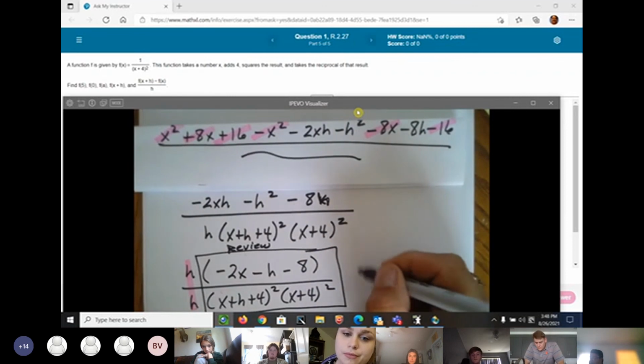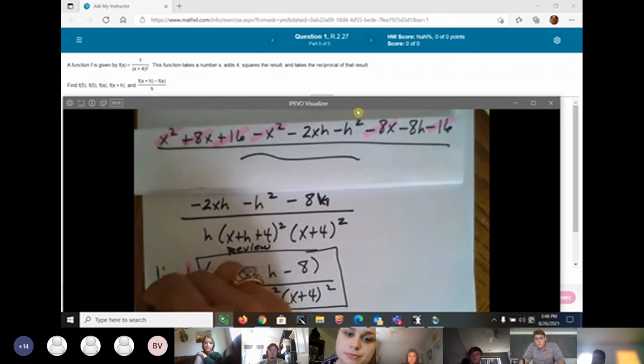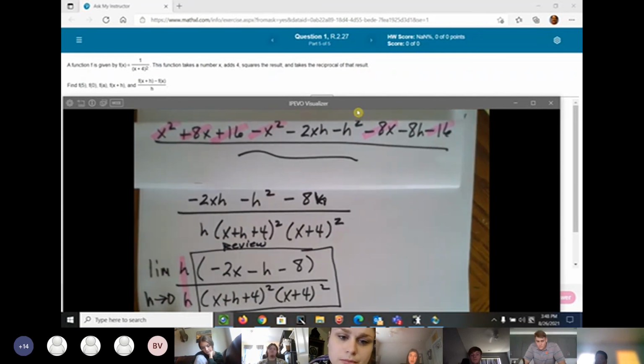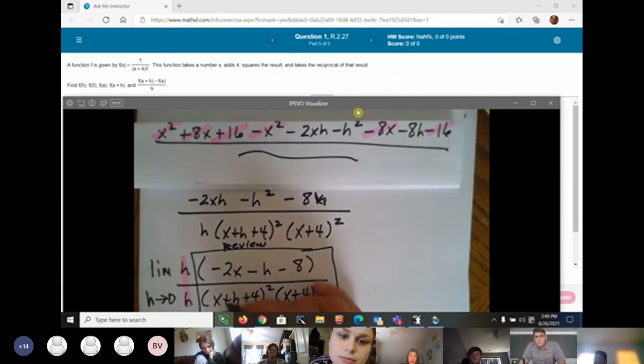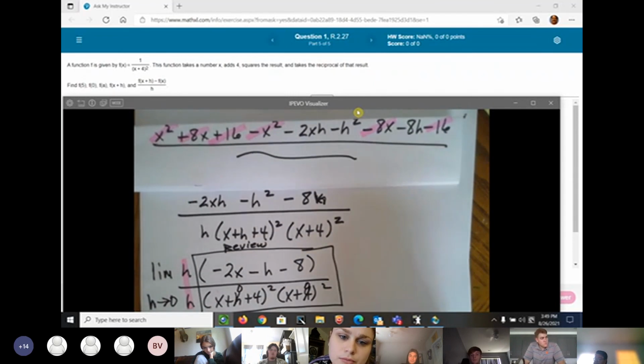In chapter 1, we're going to add this. What happens to the h terms? Well, this goes to 0. This goes to 0. This goes to 0.